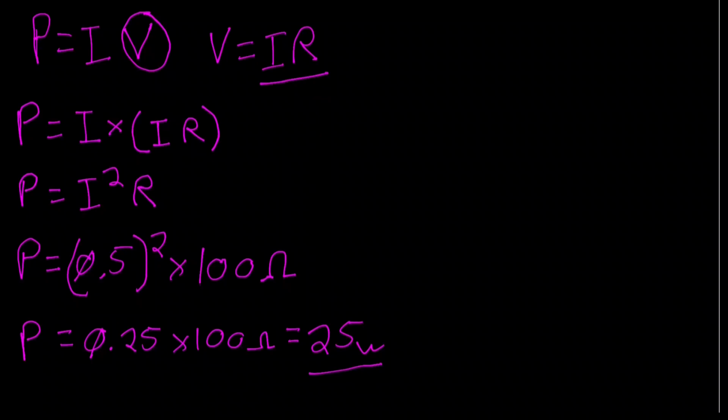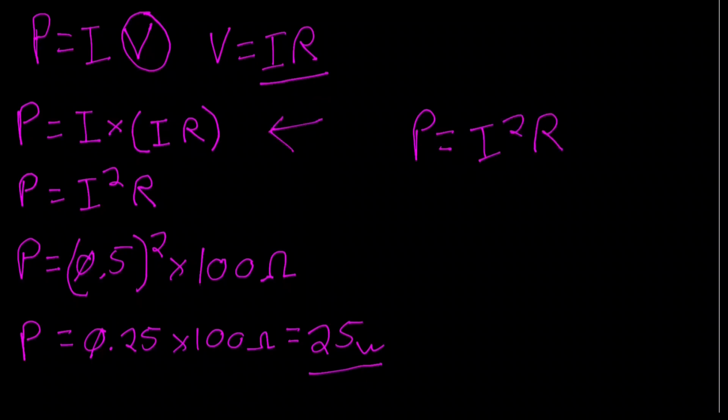So let's do the same thing. Let's keep the resistance constant, but instead of having half an amp, let's see what happens when we go to a full amp. So power is going to equal I squared multiplied by the resistance, because we derived that equation here. Remember that?